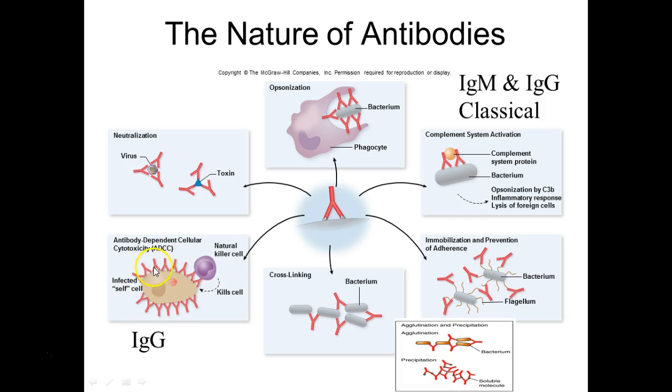So those antibodies are binding to the cell. The natural killer cell comes along, sees this interaction, can bind to the Fc portion of this class of antibody, and that's going to signal this cell to release cytokines and toxic substances to cause the death of this cell, because clearly there's something wrong with it. We're specifically identifying something's wrong with a specific antibody.